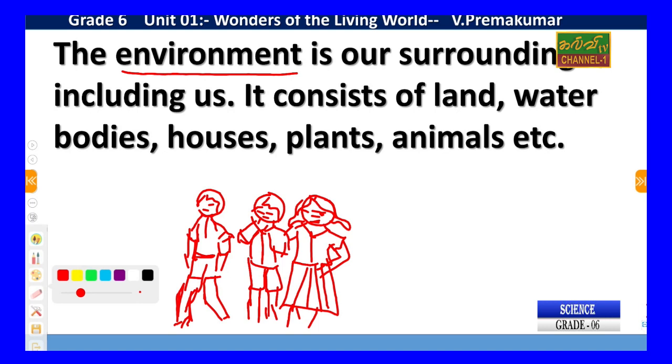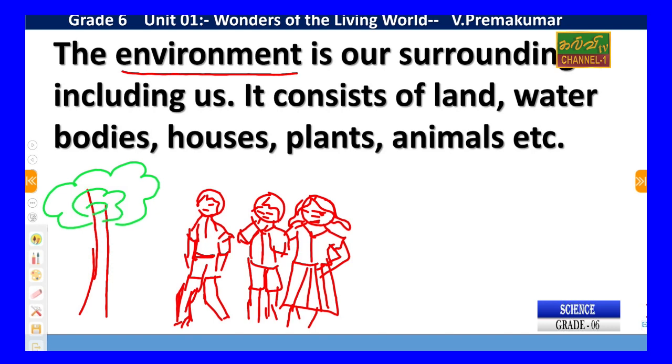We can find some trees, a big tree. This is our environment with a big tree. Sometimes we see small plants, which we call creepers. A creeper can creep, like the betel vine, vettila, which is called betel. Here are big trees, small trees, and certain grasses.